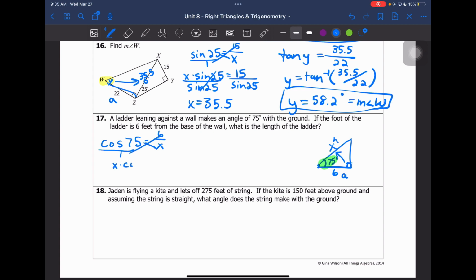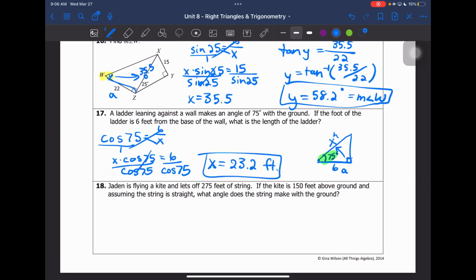So x times cosine of 75 is equal to 6. To find my x, I just need to divide both sides by cosine of 75. So whatever 6 divided by cosine of 75 is, that's my answer. It comes out to 23.2. And don't forget to include your units or measurements. We are talking in terms of feet in this problem, so just include that.